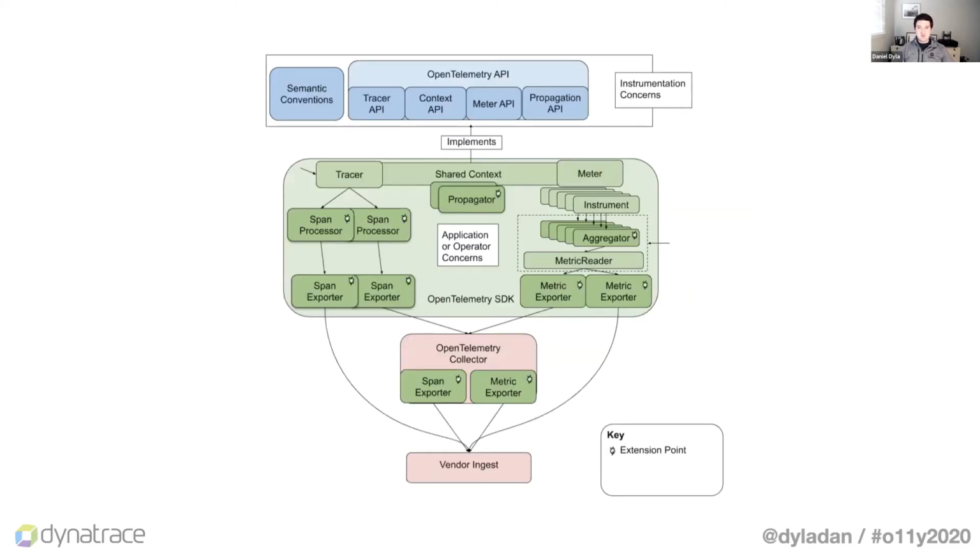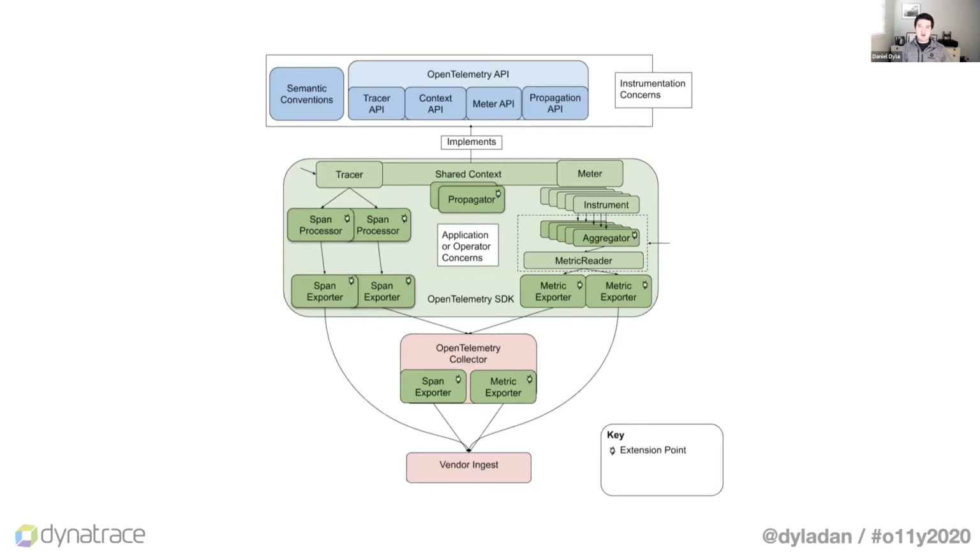This is a little bit more expansive view of the previous architecture that I just showed you. At the top, you have the OpenTelemetry API in blue. We're going to focus primarily on the tracing API, but the important thing in here is the SDK, which is all of the green. And the SDK by default does nothing, which means that those libraries that depend on the OpenTelemetry API from before can call it without worrying about if their customers are OpenTelemetry users or not.